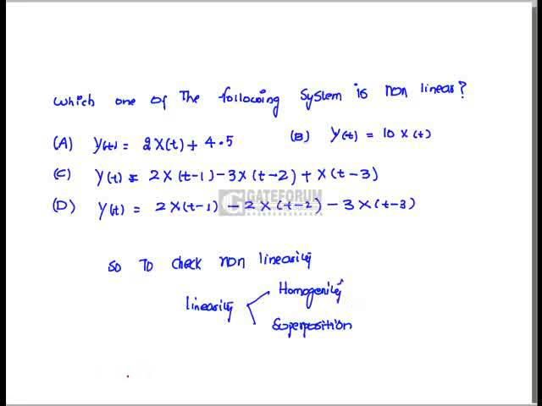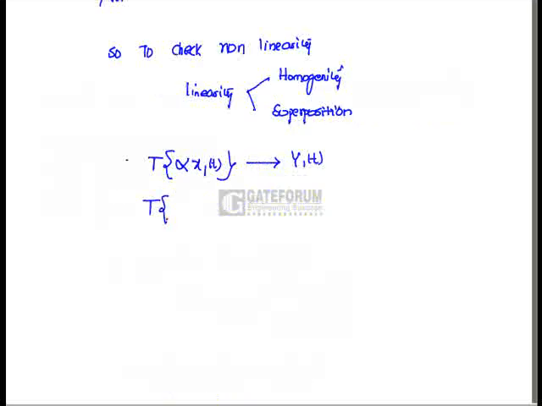That is done by the following. For a given input x1, the output is y1(t). For a given input x2(t), the output is y2(t).